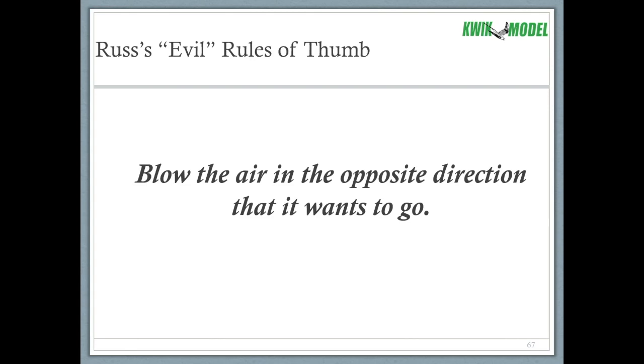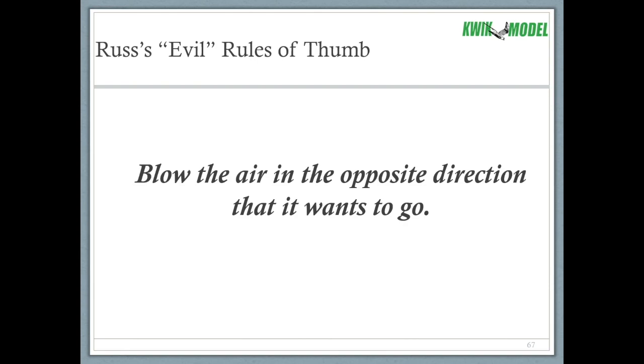And what happens is hot air coming out of a floor register goes up, and it wants to stay up because hot air rises. So it's going to come out of that register, and it's going to go up to the ceiling, and it's going to stay there. But if you have a ceiling register and you blow the air down, the air is naturally going to want to rise back up. So by blowing it down first, it has to rise up past all that air that's being blown down, and it mixes. It mixes better. You get better mixing. You get more even temperature distribution. You get less stratification in the room.